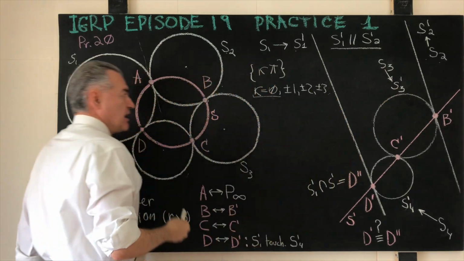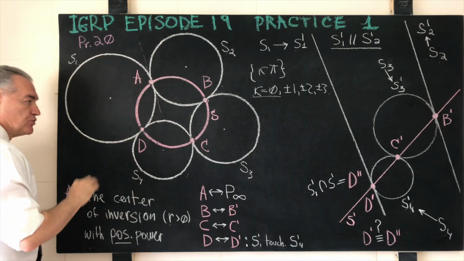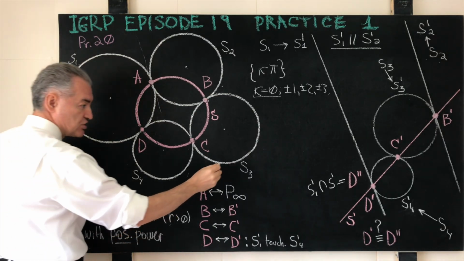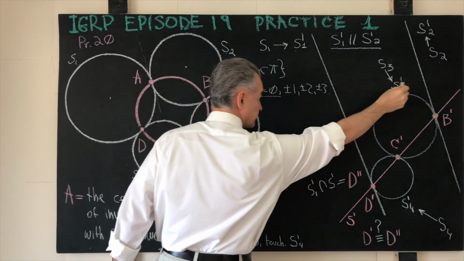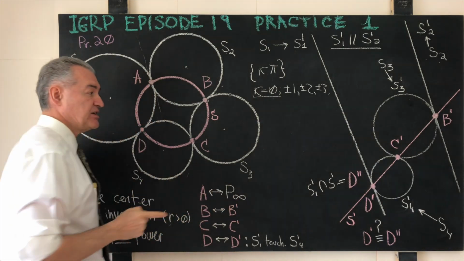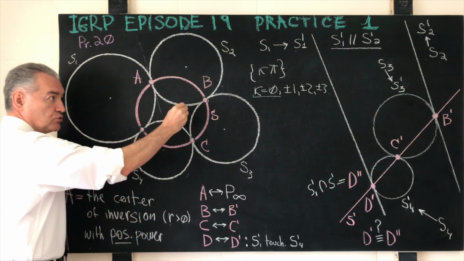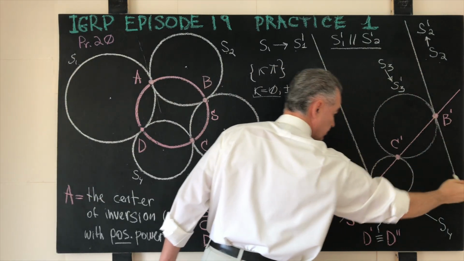But because inversion of the real plane with respect to a circle with any power preserves tangency points, the image of the circle S3, the circle S prime 3, must still touch the image of the circle S2, which is the straight line S prime 2 shown on the right over here.